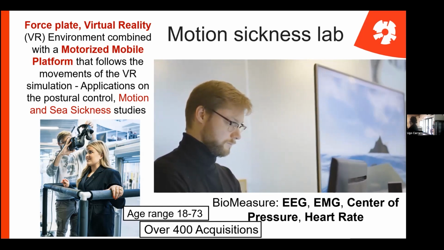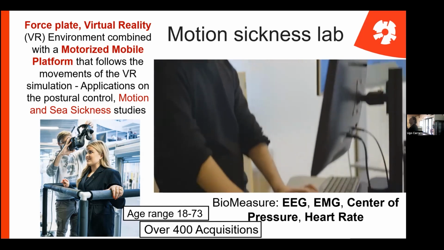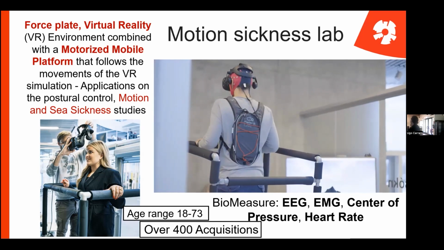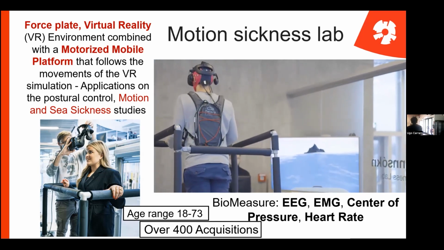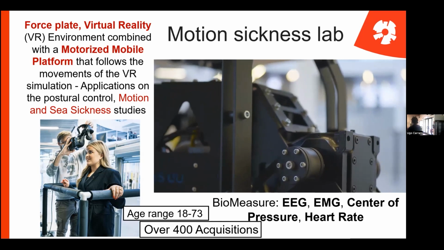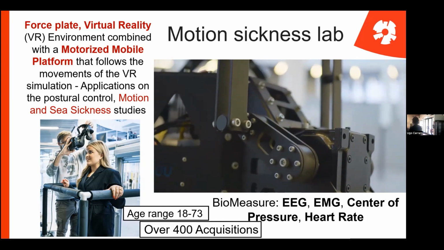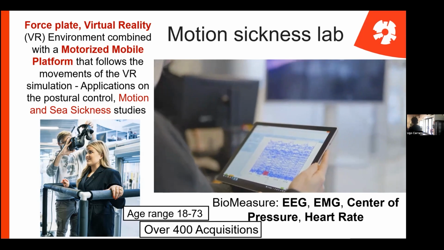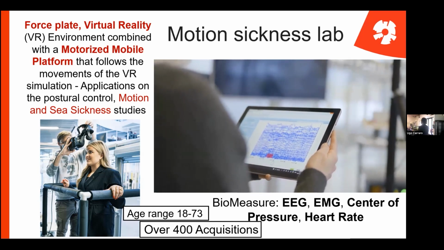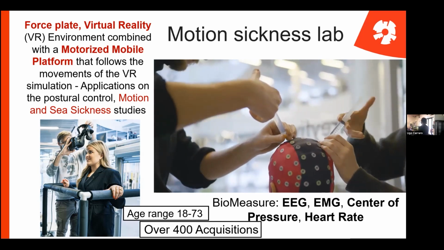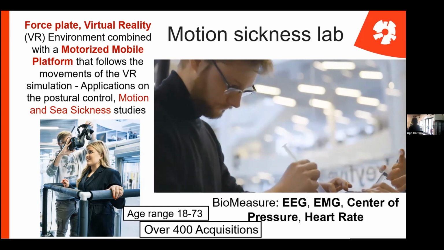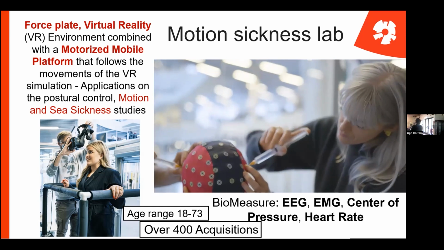While he's doing this, we measure electrical activity of the brain, of the muscles, of the heart, and in addition we also measure the sway, the posturography. Every measurement generates more than 1,000 different features, so a lot of information. And this information can then be analyzed to understand what your postural control is. Similarly to the muscle profile, this is the postural control response profile.